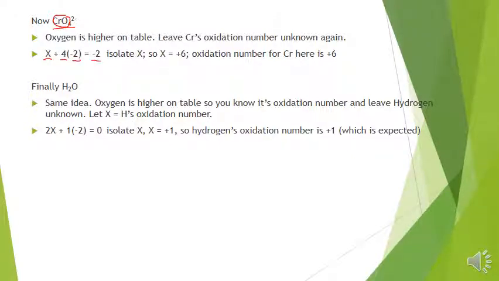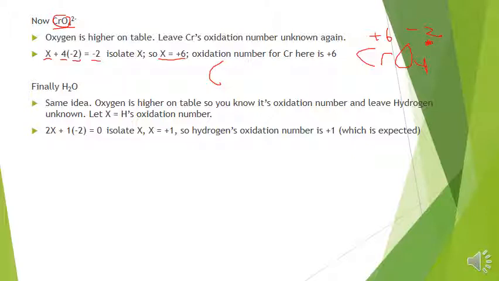Solve for x, and you get x is plus 6. So in this case, chromium is plus 6, and the oxygen is minus 2.